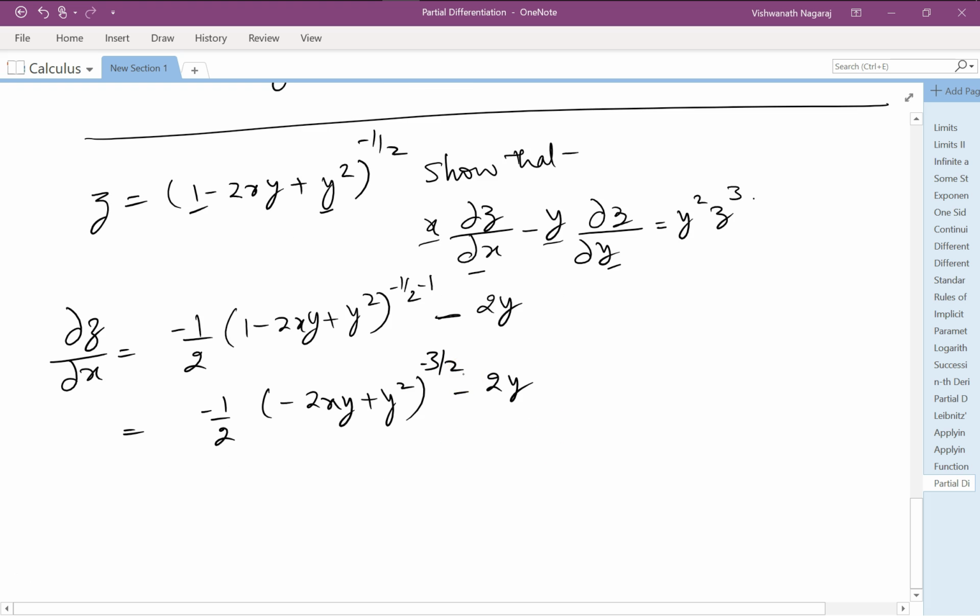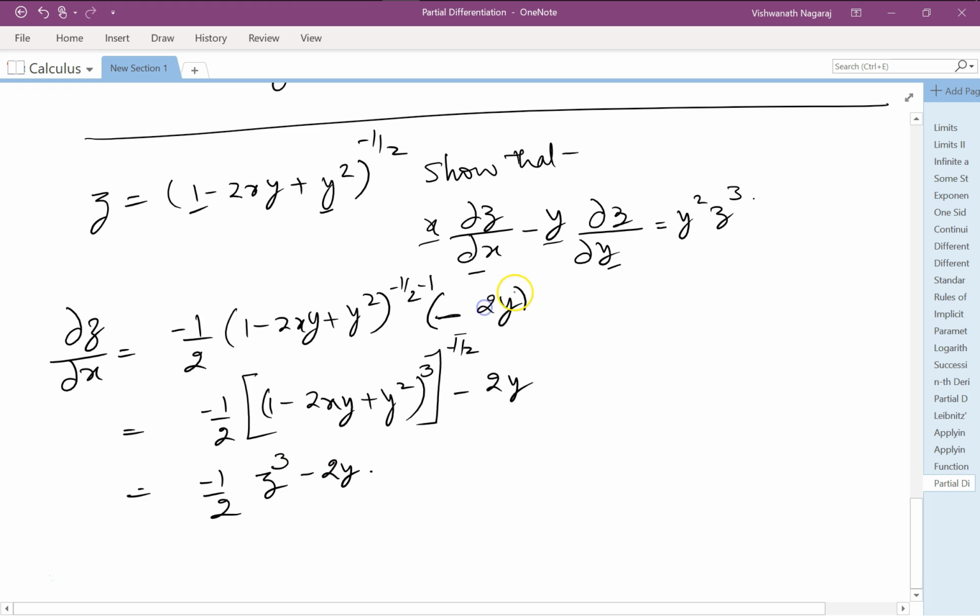Now, a little tricky thing is we can write this as minus 1 by 2. Yes, can we write it like this? (1 minus 2xy plus y square) cubed, to the power of minus 1 by 2. Which means this is nothing but z cube, times minus 2y.